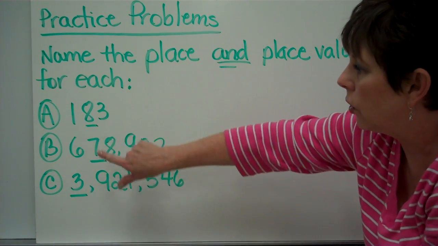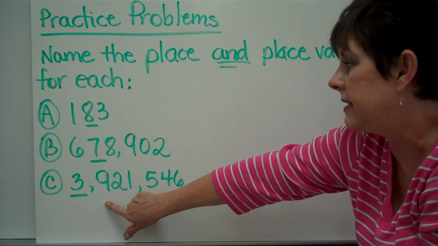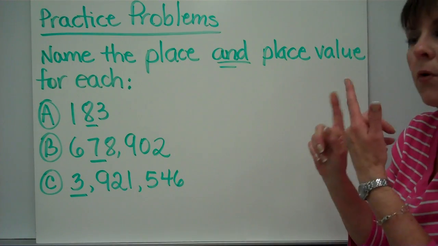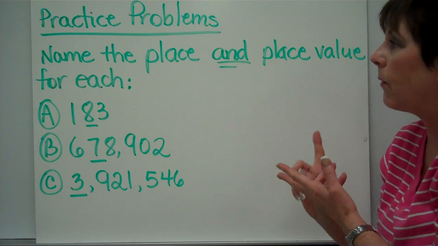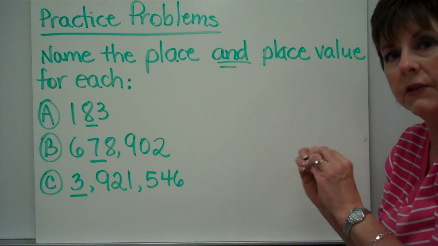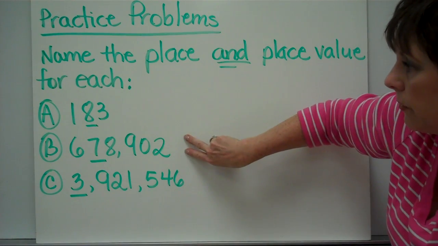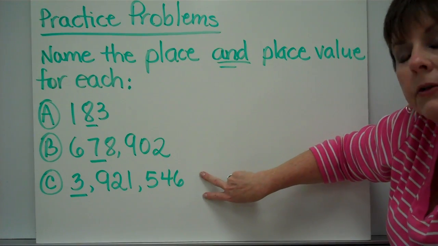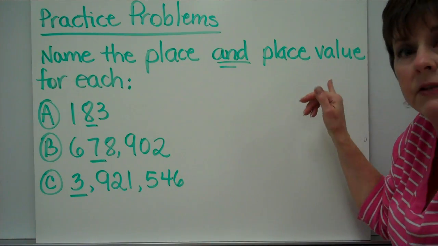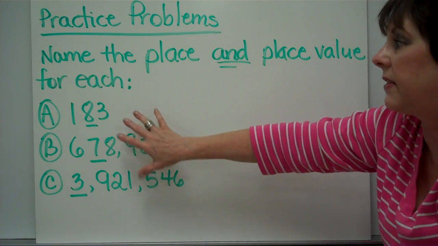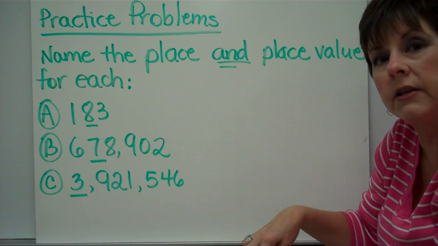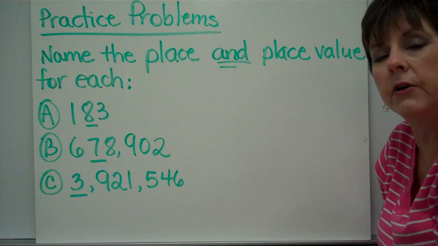And only look at the underlined digit for what the place is and what its place value is. So there should be 2 answers for A, 2 answers for B, 2 answers for C, place and place value. Don't forget to write these on your sheet so that tomorrow it'll be easier to check it.